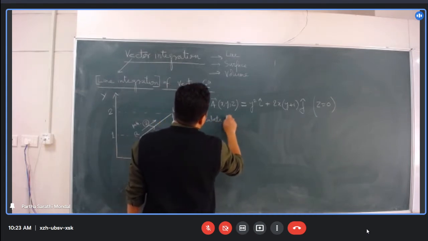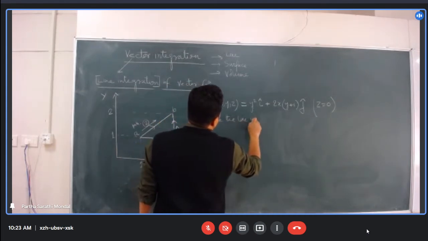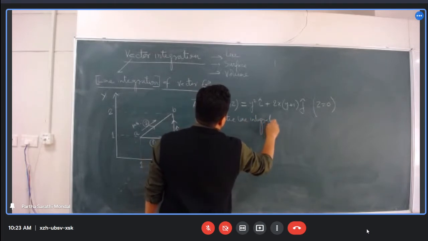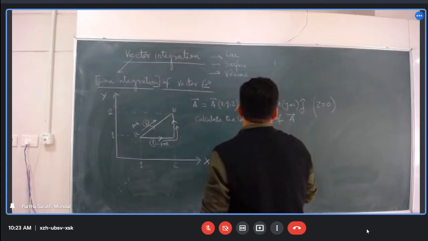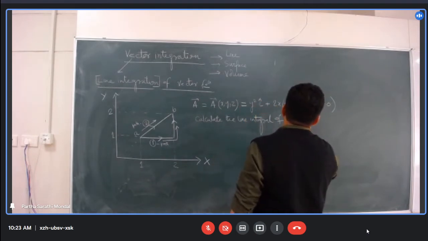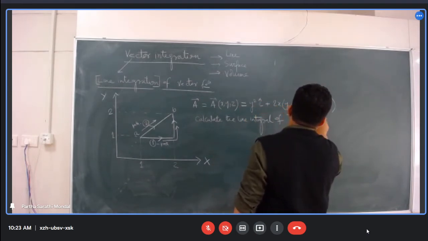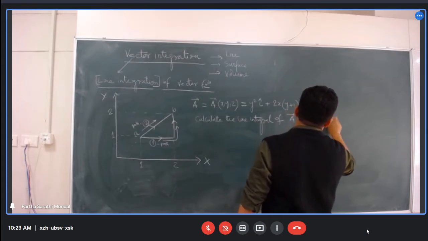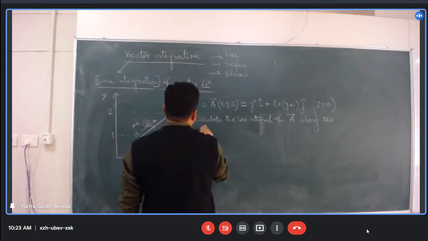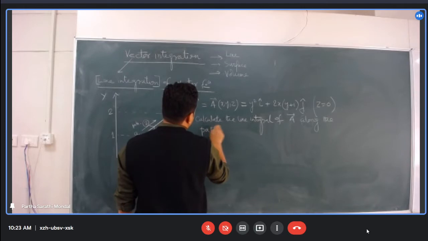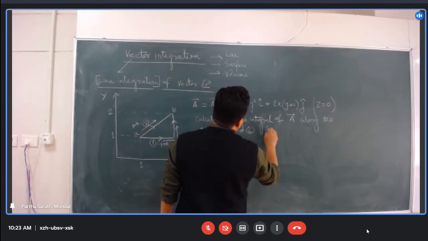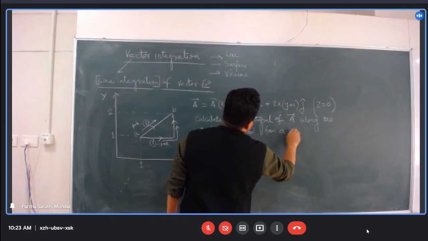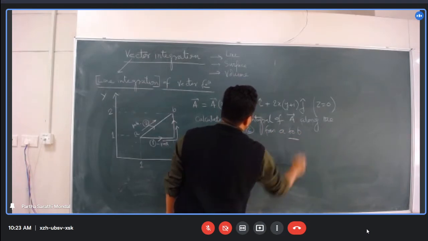Now this is your function, and we have to calculate the line integral of A along the path. दो पाथ में कैलकुलेट करेंगे, path 1 and 2 from A to B. This is the problem.